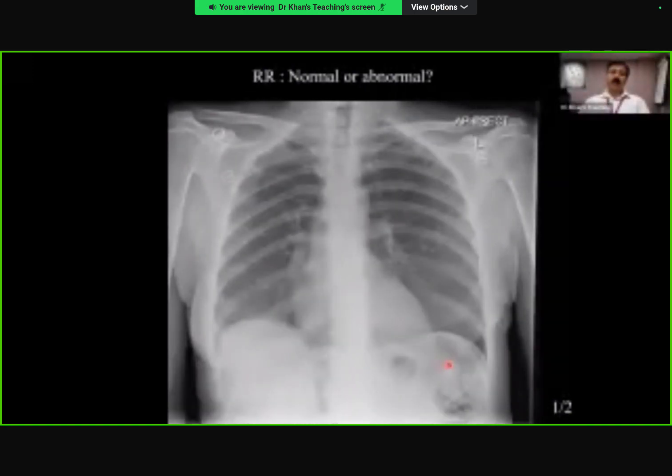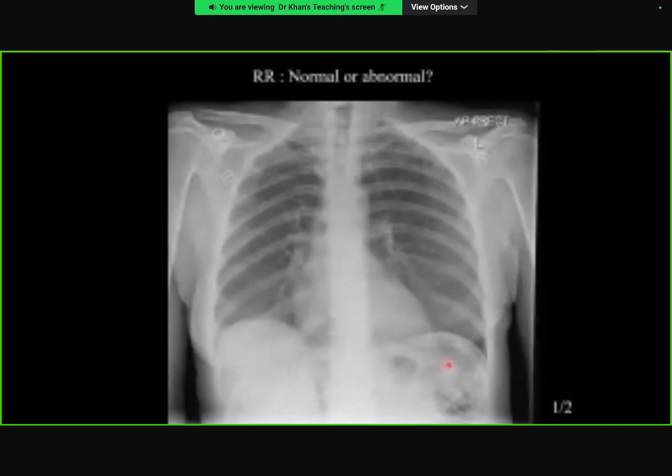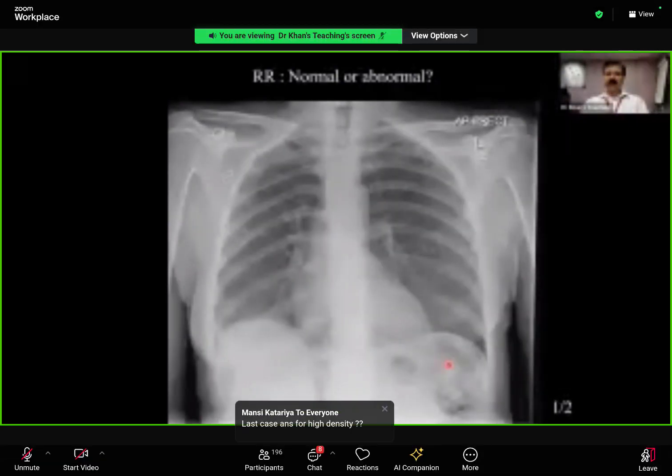Now, rapid reporting, normal or abnormal? Abnormal. There's gas underneath the right hemidiaphragm. So it's peritoneum. And do you see anything in the chest? Gas anywhere?